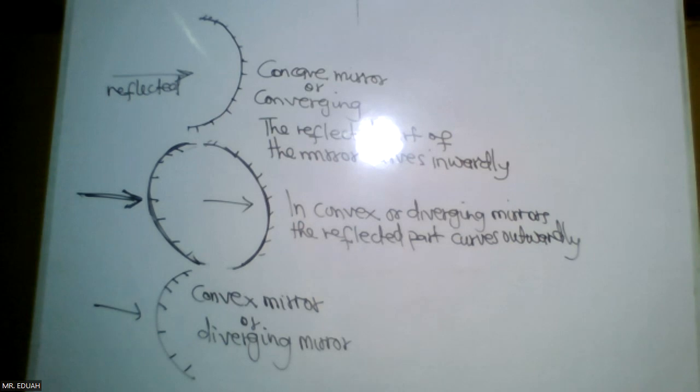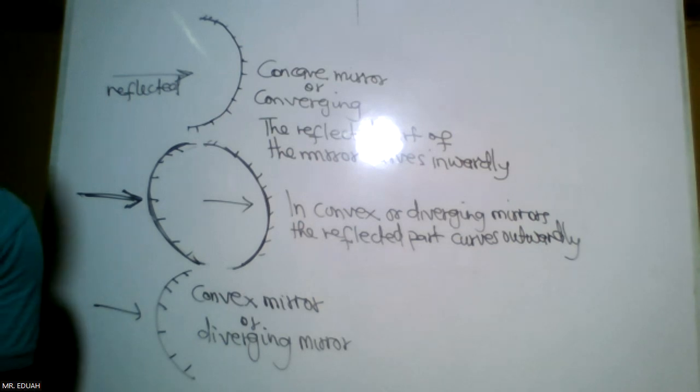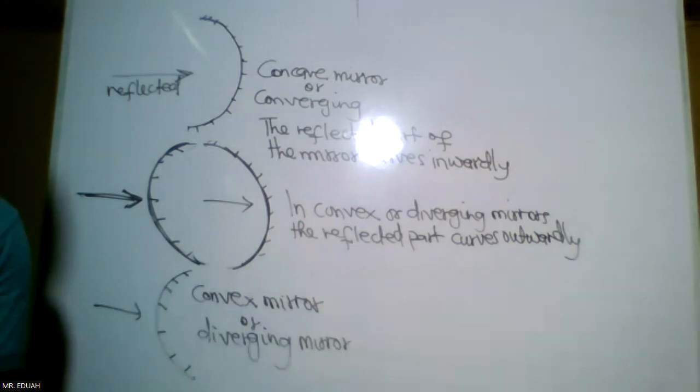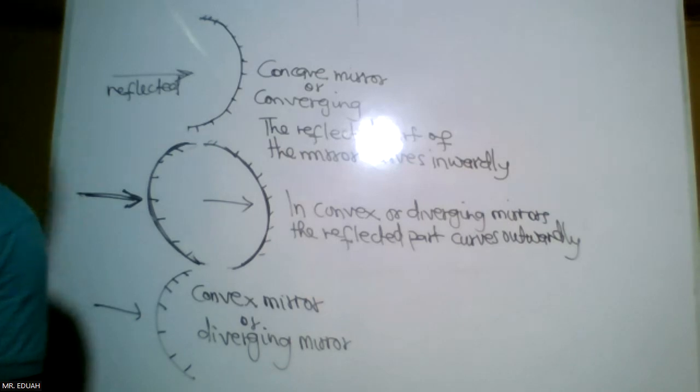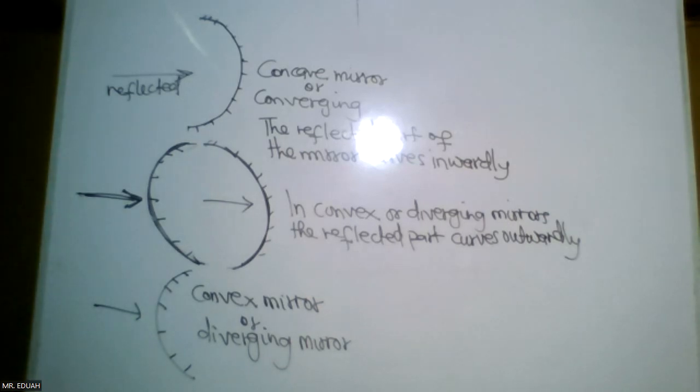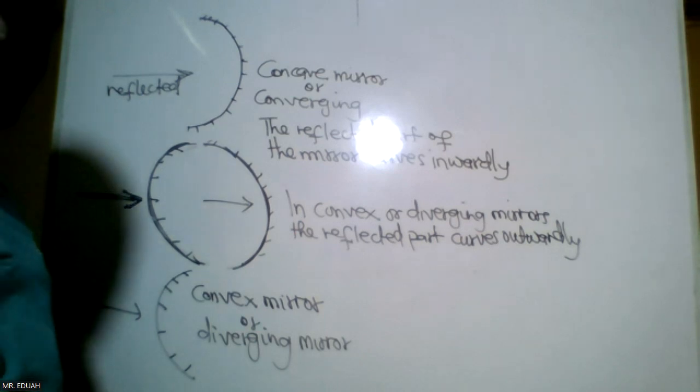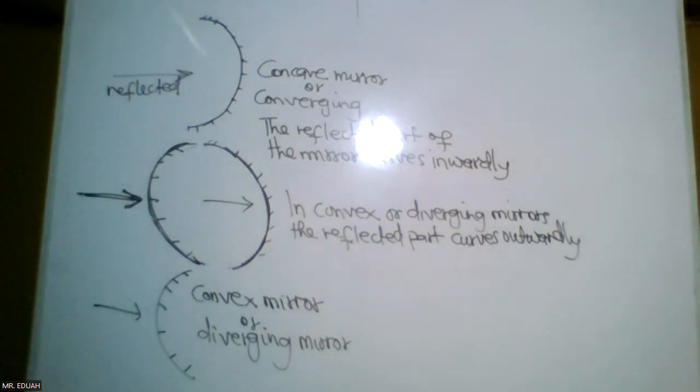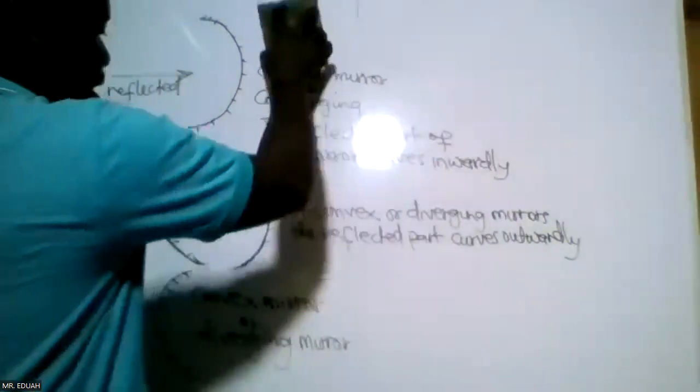All right. Now, why do we call concave mirrors converging and then convex mirrors diverging? Let me use a ray diagram.